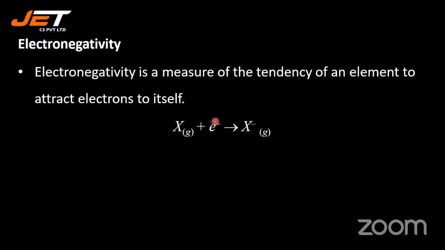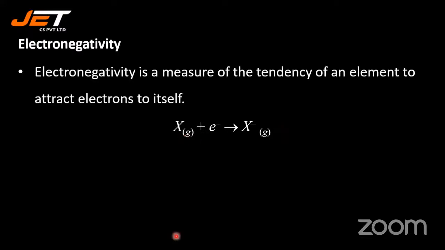That is the measure of the tendency of an element to attract electrons towards itself. See, the electron is added on the left-hand side of the arrow. I told you, if someone is gaining an electron, this becomes negative. But they all happen in the gaseous state. Always remember this. This question comes in NEET.